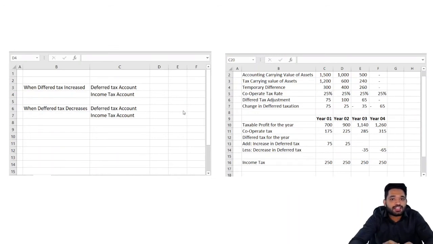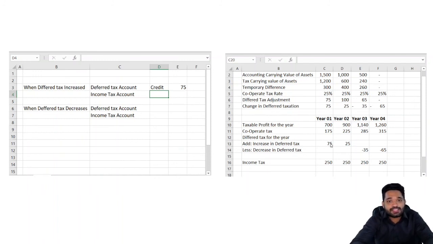Now that we looked into the computations, let's look into double entries. So as I mentioned earlier, deferred tax, if it is increasing, it's a liability. So when a liability increases, you need to credit it. So what you'll be doing in the first year is you would credit your deferred tax account by 75, and then your income tax account, your expense, what is happening is your income tax expense is increasing because of the deferred tax.